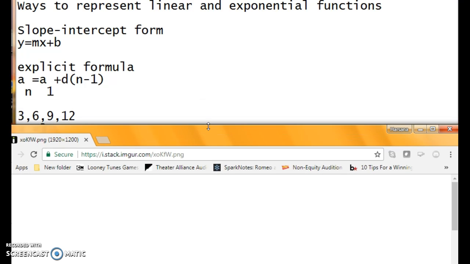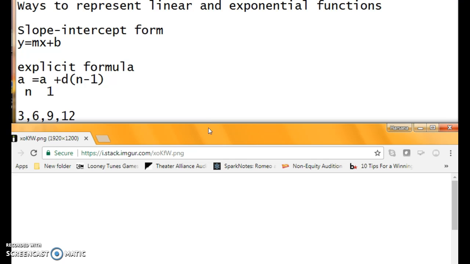So, we are going to be using the same sequence from last time: 3, 6, 9, 12. By the way, this is not just one sequence that we cannot change. We can continue on with the sequence.